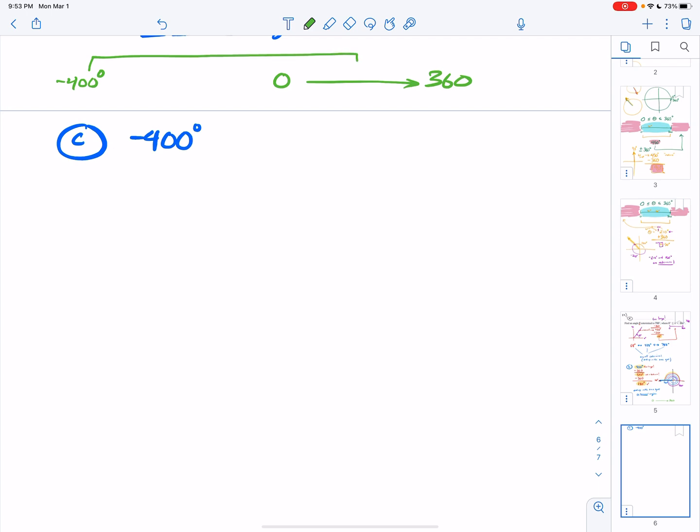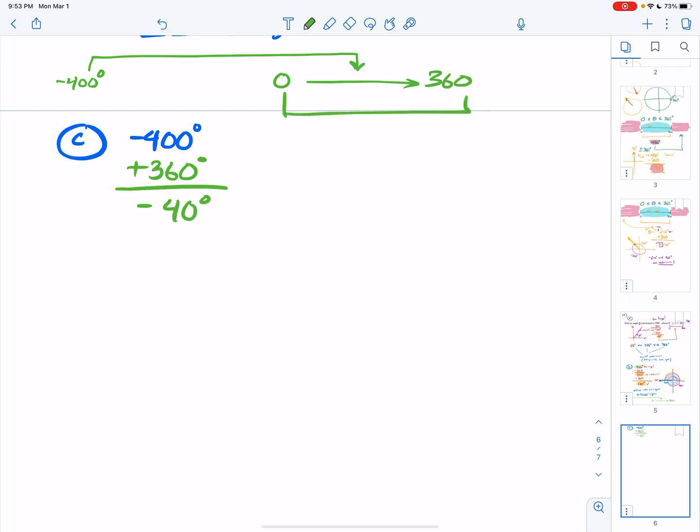It wouldn't make sense to subtract 360 because that'll just make us go further to the left. So we're actually going to add, because we want to move towards the right. We're going to add increments of 360. Different signs we subtract, we keep the sign of the larger number. This comes out to negative 40 degrees.